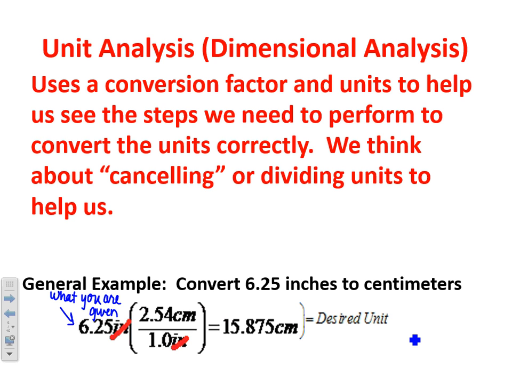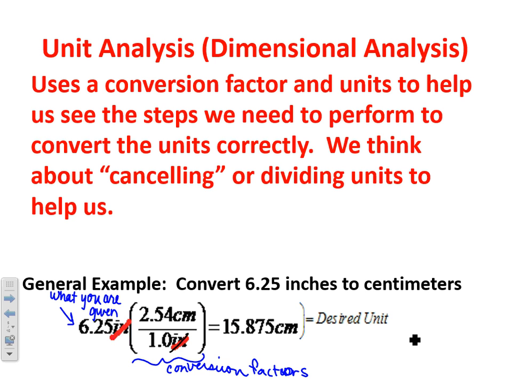The second part of the problem is going to be using the conversion factors that you need. In this case, the conversion factor I need is from inches to centimeters or centimeters to inches. So I know that 1 inch is equal to 2.45 centimeters. When we do unit analysis, we cancel out those units that we don't want anymore.